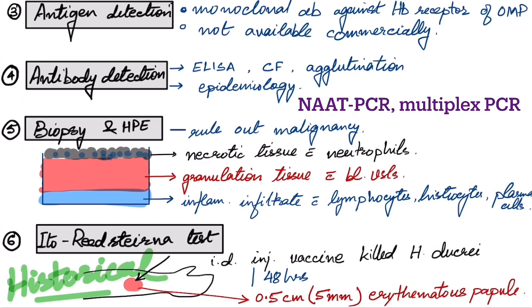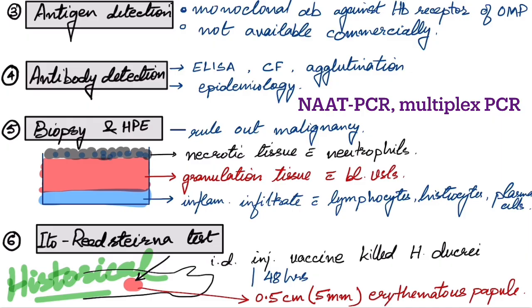Next is nucleic acid amplification test, which can be done by PCR, polymerase chain reaction, or multiplex PCR. In multiplex PCR, it allows for amplification of multiple DNA targets in a single PCR reaction using multiple primer sets. So where do we use this in Chancroid?